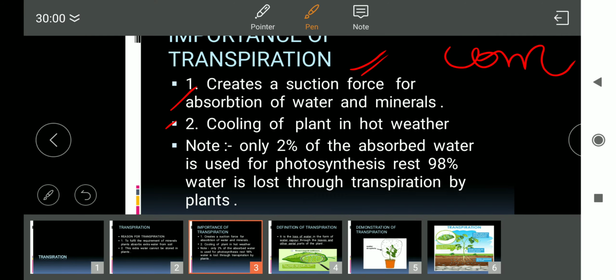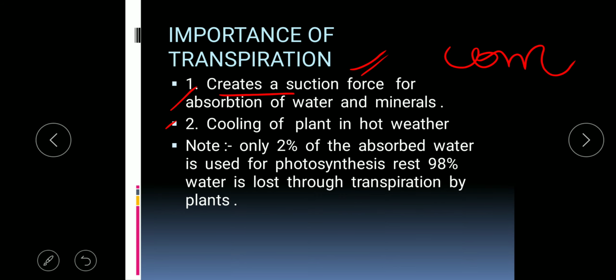So when the concentration gradient is set, it creates a suction force. So due to this suction force, the water and minerals will be absorbed by the plants.